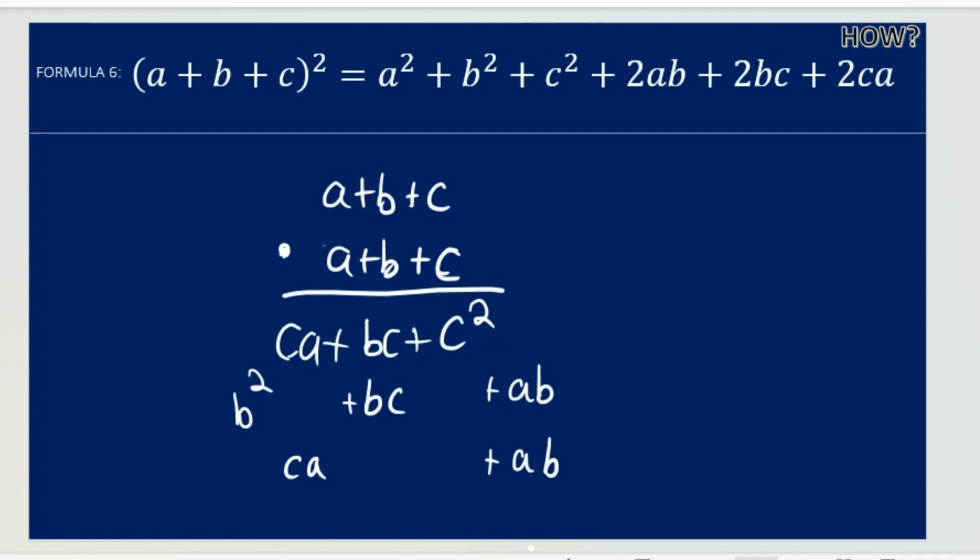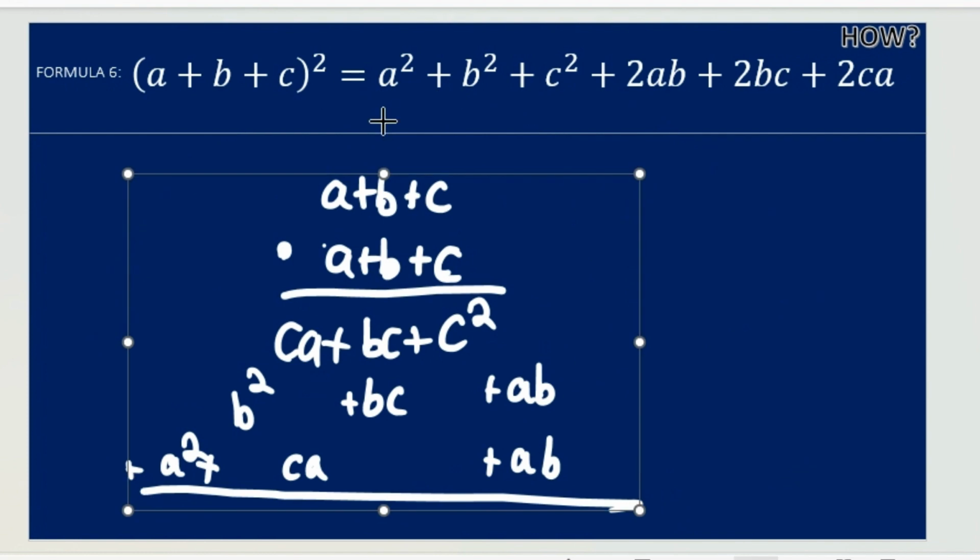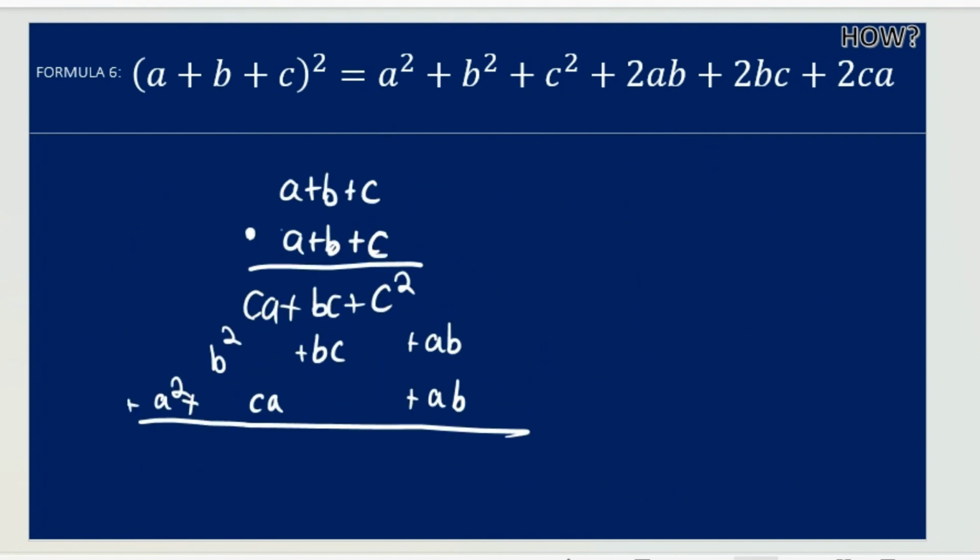A times A is going to be A squared, so we write A squared over here. Now I'm just going to make this shrink so that we've got more space. So now if we add, we get A squared plus B squared plus 2CA plus 2BC plus C squared plus 2AB.